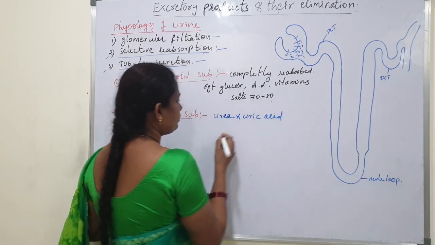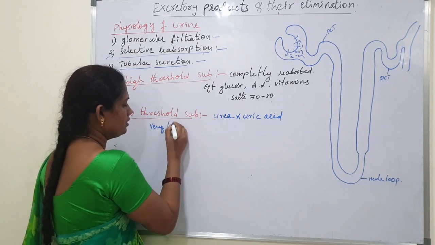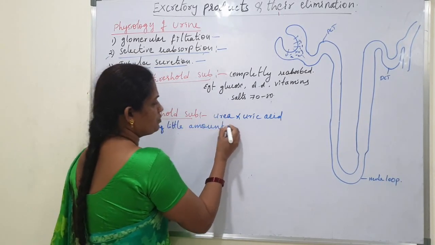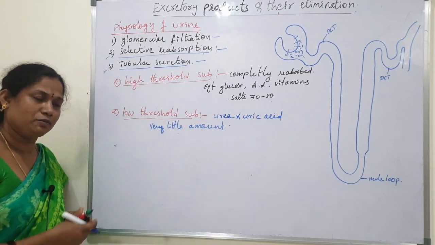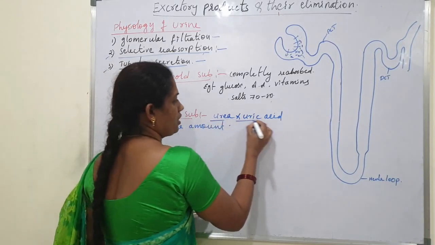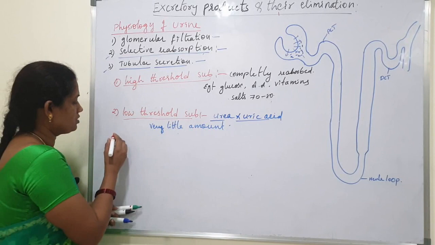Only a very little amount of urea and uric acid is reabsorbed. These are called low threshold substances.